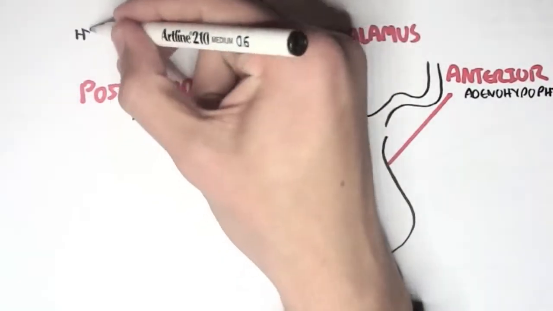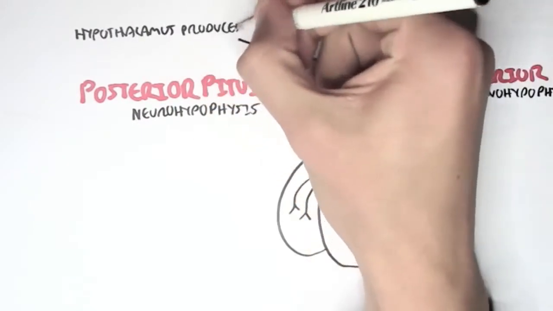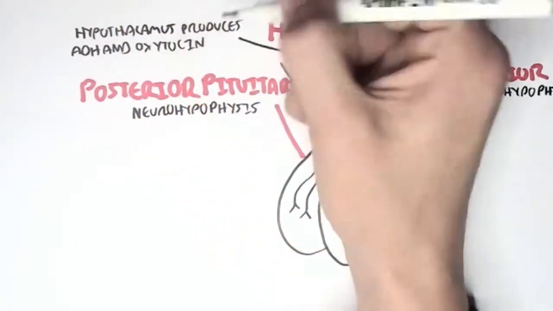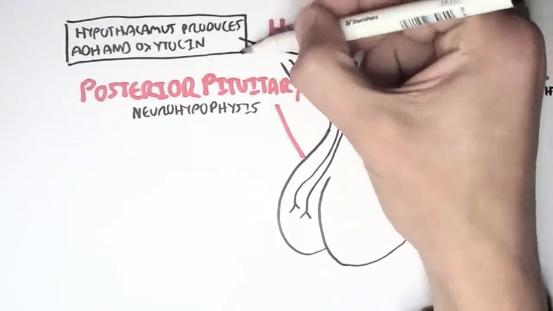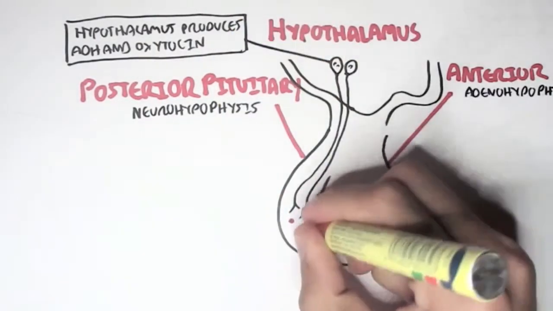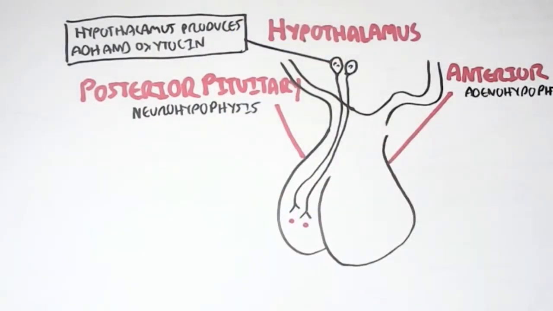Well, actually, the hypothalamus synthesizes antidiuretic hormone and oxytocin. These hormones are synthesized in neurons, and these neurons will then pass on these hormones to the posterior pituitary.